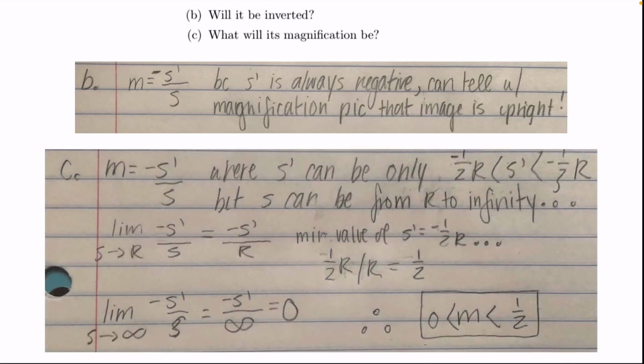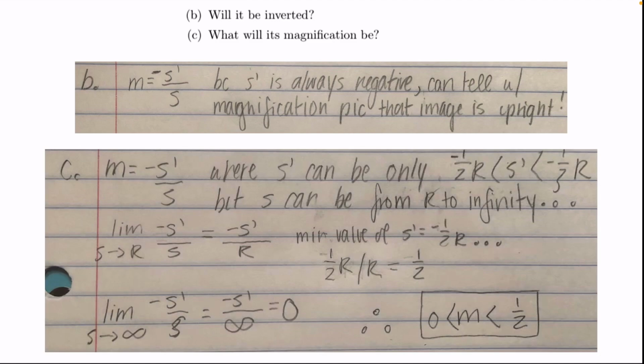C is asking, what will its magnification be? I did more limits here, but I'm sure there's a simpler way. We know that s prime can only be between those values, negative 1/2 r to negative 1/3 r, but s can be from r to infinity. So we're going to evaluate that magnification expression as s approaches r and s approaches infinity.